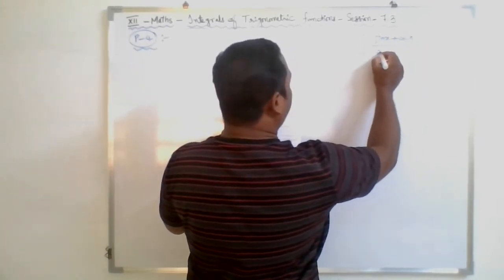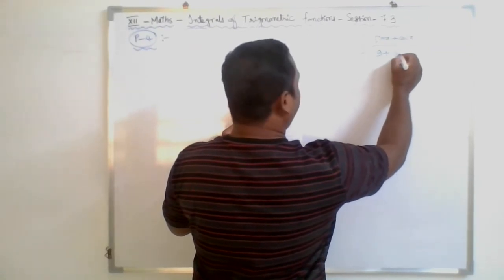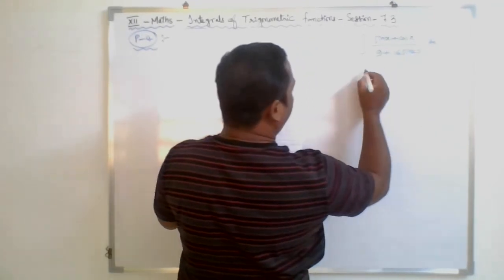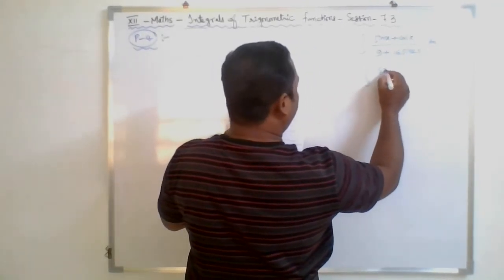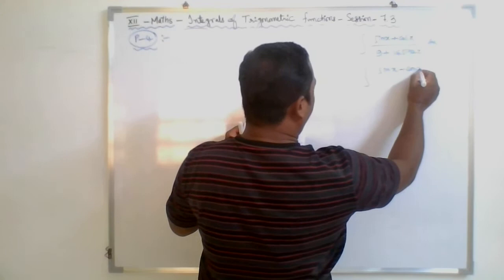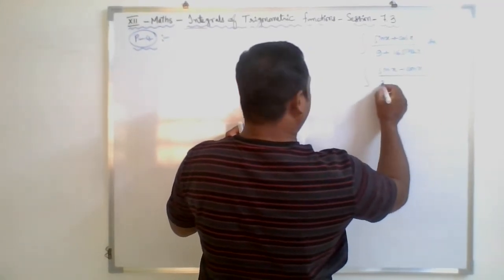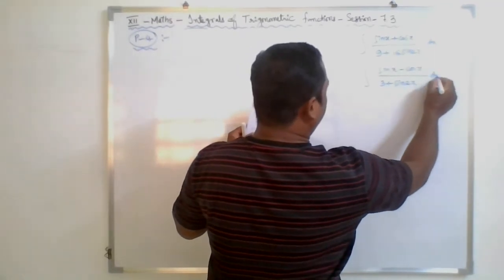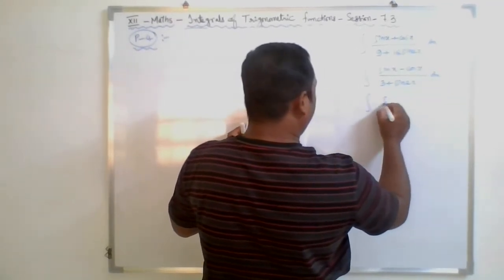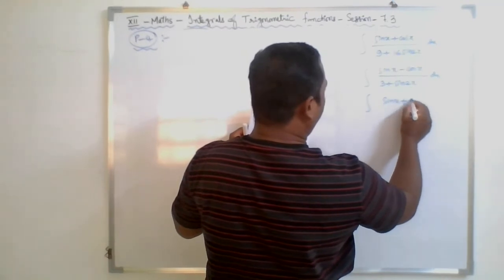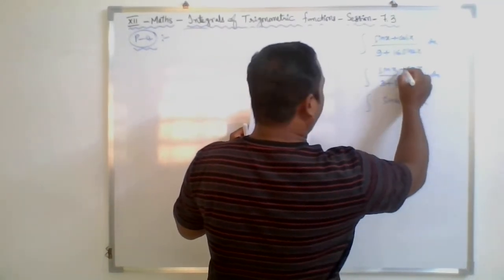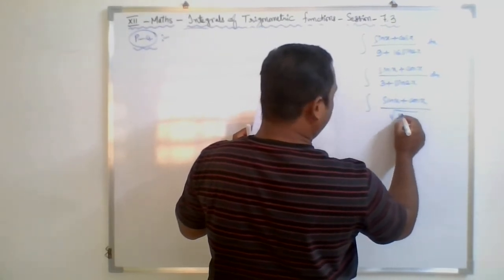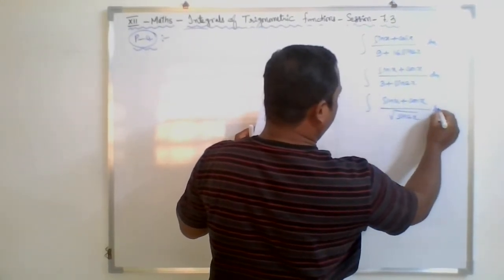Sin x plus cos x by 9 plus 16 sin 2x dx. The next is sin x minus cos x by 3 plus sin 2x dx. Next, sin x plus cos x upon under root sin 2x dx.